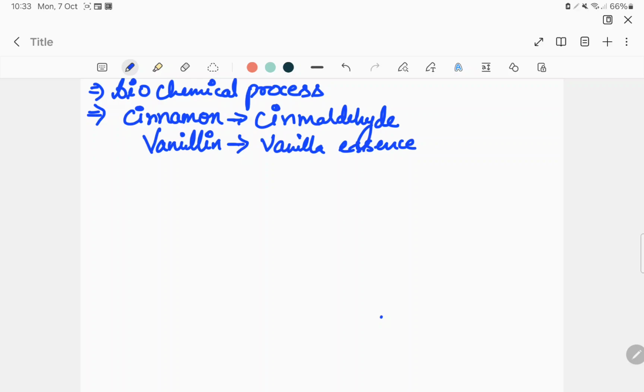That has a very sweet smell. These are used in many food products, and in synthetic materials like perfumes, fabrics, polymers, and adhesives also.